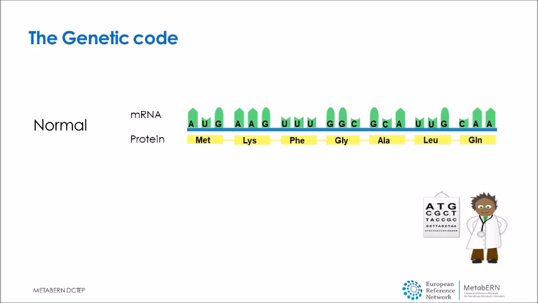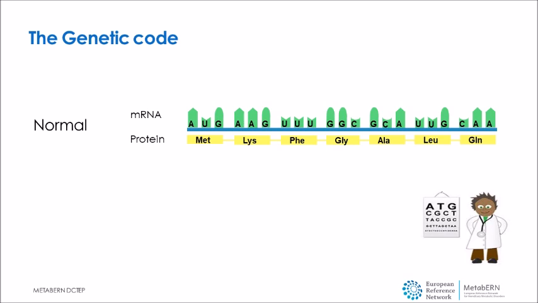To better understand the different effects of a DNA mutation, we have to remind ourselves of the way an enzyme is synthesized in normal conditions from DNA and mRNA. As you may know, all proteins are made up of one or more chains of amino acids. One amino acid is produced thanks to the information given by the codon, a specific sequence of 3 consecutive nucleotides on mRNA.